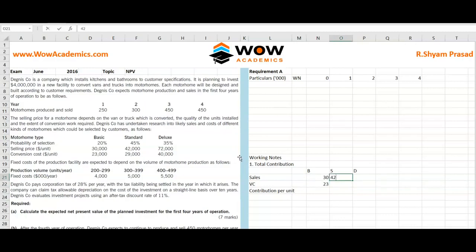Here it's going to be 42, and 29 is the variable cost. The deluxe has 72 as the selling price, and the variable cost is going to be 40. As these are negative numbers, we can take them with a negative symbol.